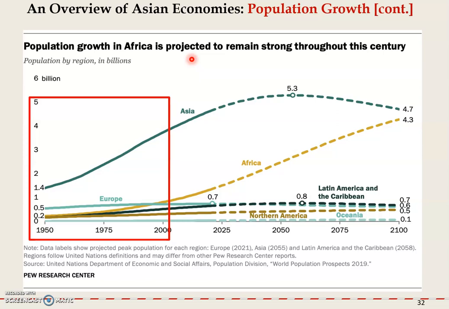Remember, Malthus said that the fourth driving force of economic development is a reduction in population growth, but we didn't see that in Asia between the 1950s and 2000.